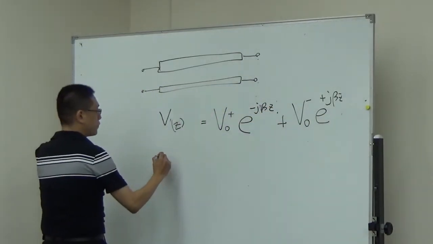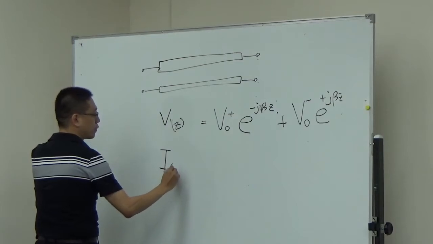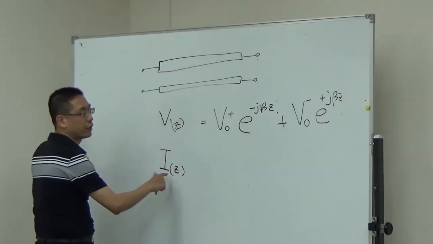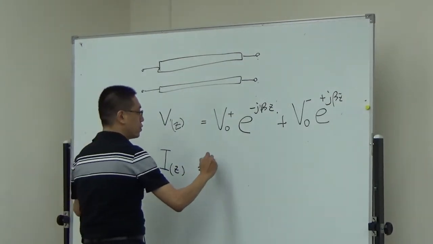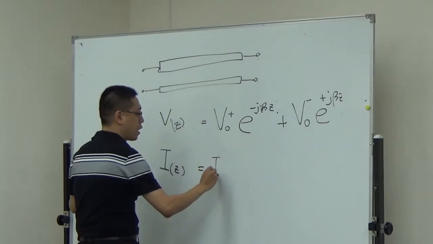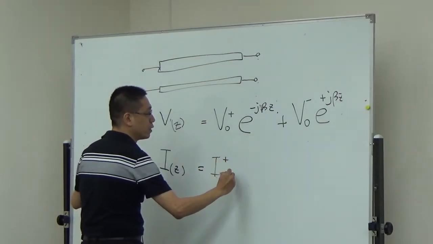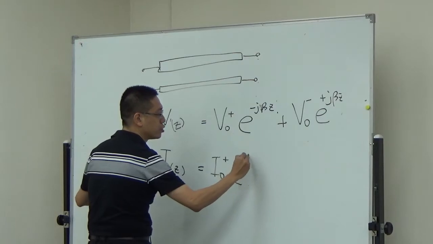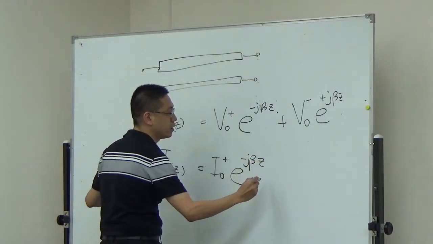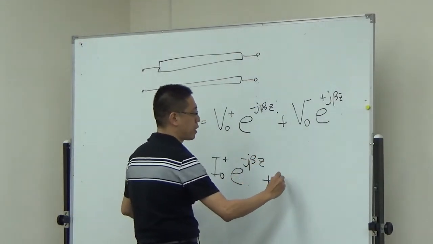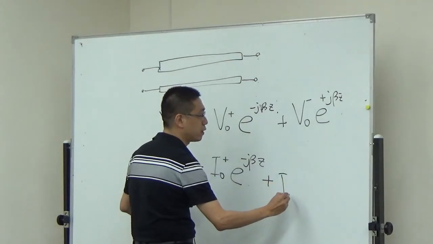The same for current equals I0 plus exponential minus j beta z plus I0 minus exponential j beta z.